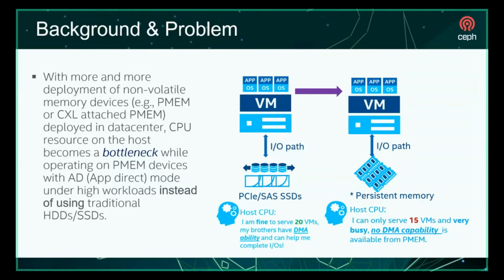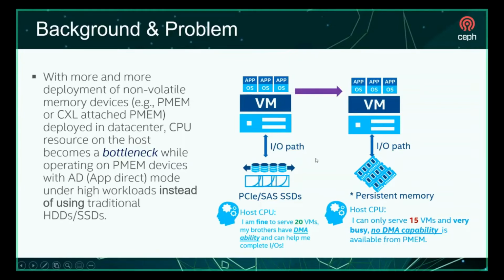Because PCIe SSDs have the DMA ability to offload the read-write operations from the memory to those devices. So it means that CPU can have plenty of CPU resources to execute virtual machines.